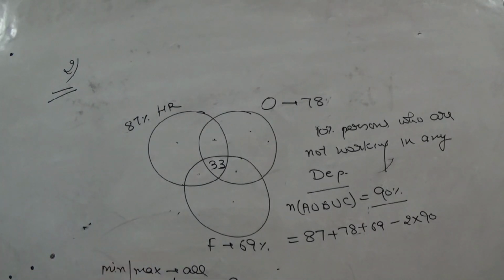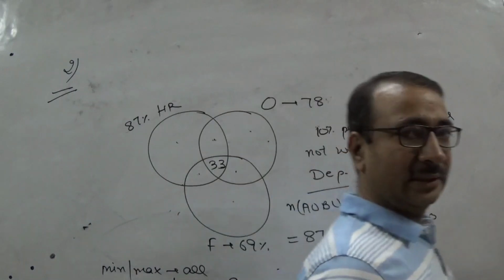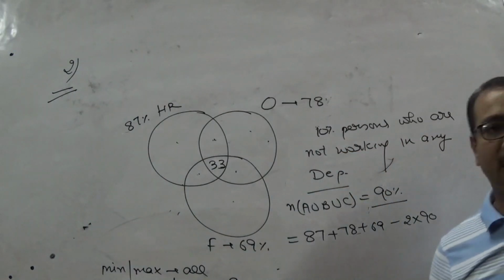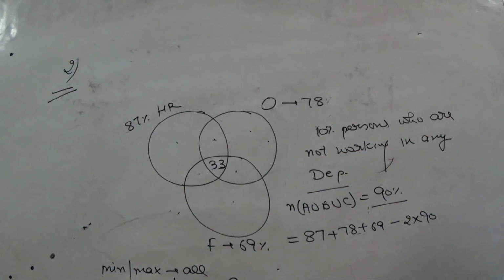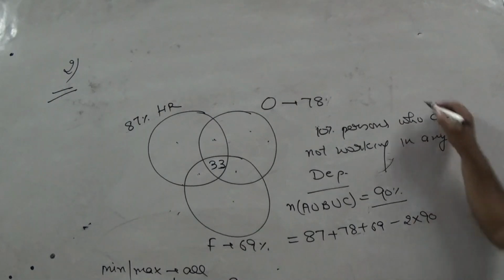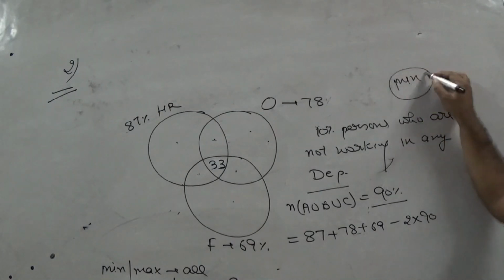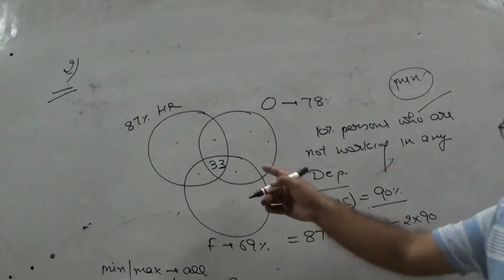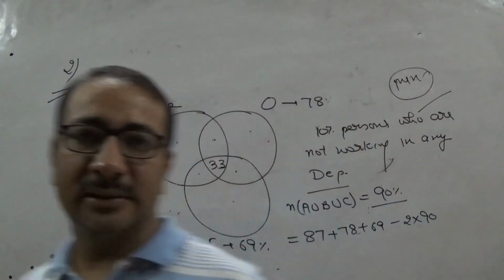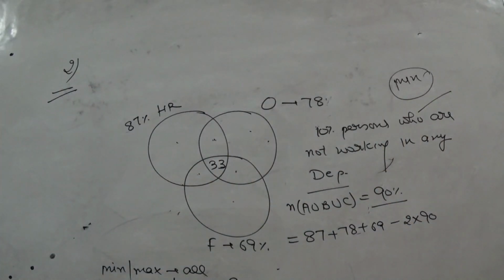So this point you have to take care of in your mind, that in any statement when only three parameters are there, their value is given, and you have the information about A union B union C, and in that question you have to find the minimum value, because this concept is used for finding the minimum value of the number of students playing or working in all the three departments. So there we apply this concept in order to get my answer. Okay, so that becomes your answer.